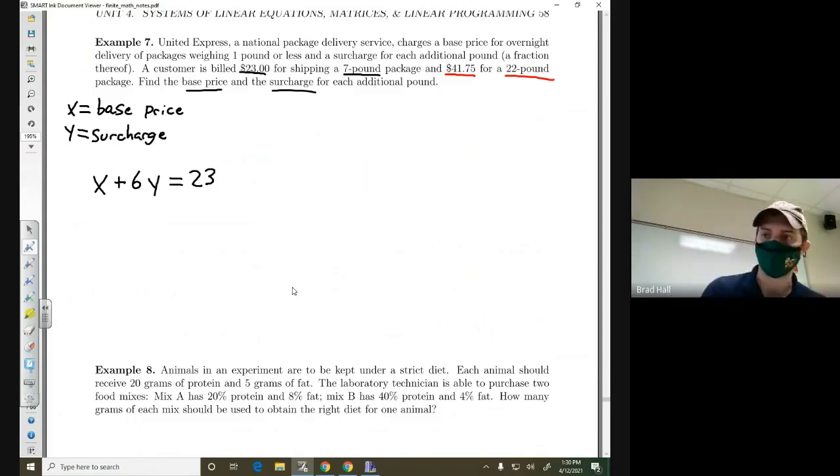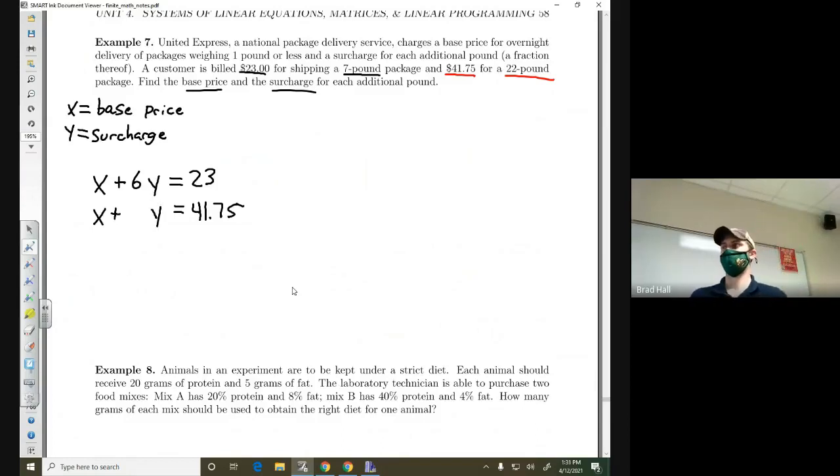Right, that's one of the equations. But this person also paid $41.75 whenever they sent out a 22-pound package. So you always have to pay x, but you have to pay the surcharge for every pound after the first pound.